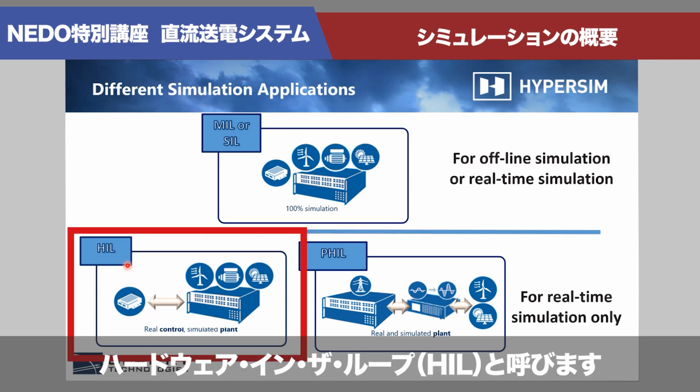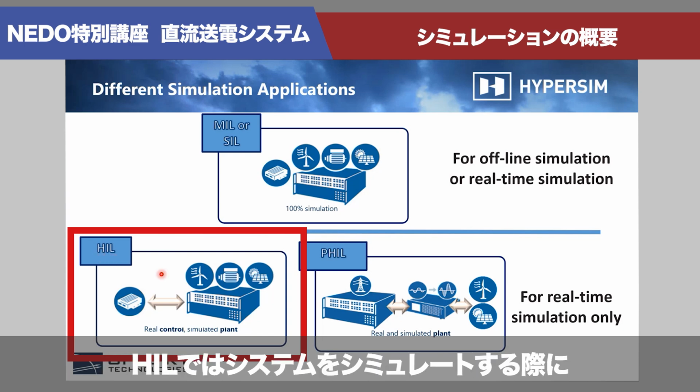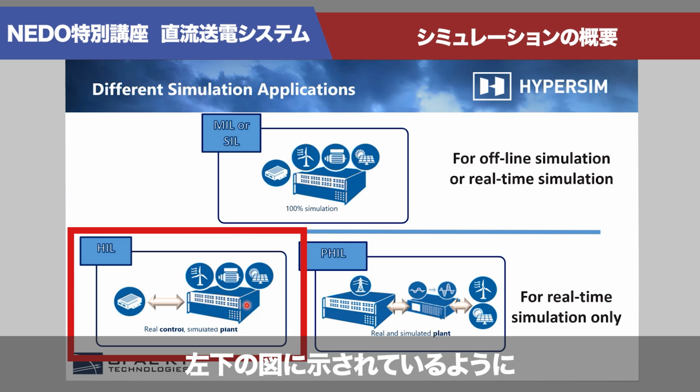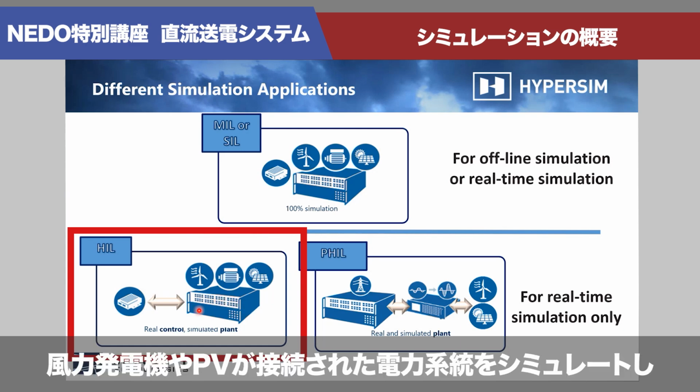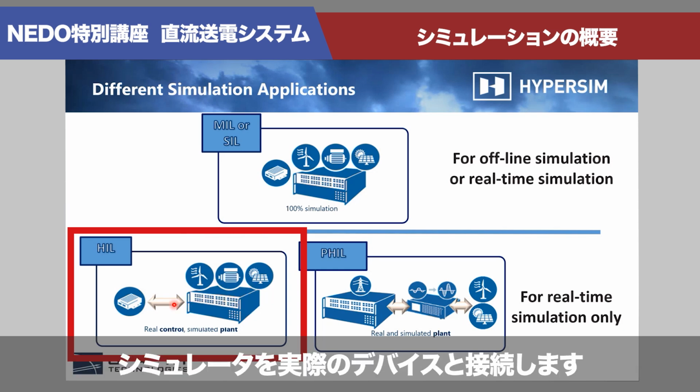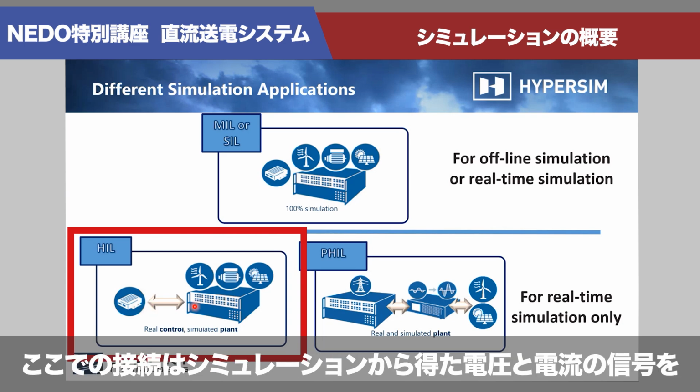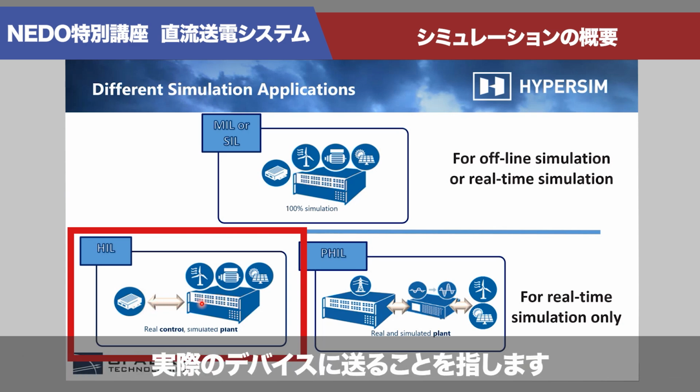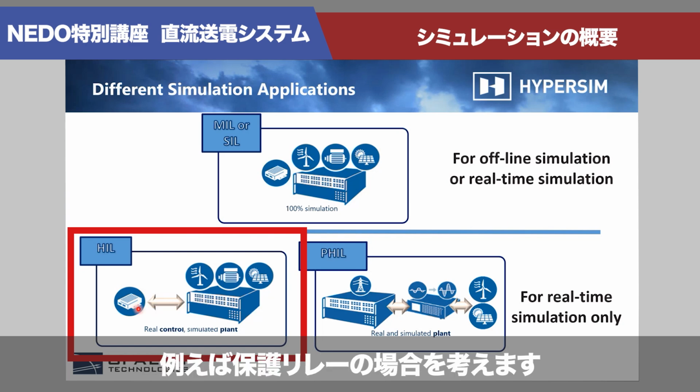Real-time simulation is what we call hardware in the loop, HIL. When you simulate a system, as in this small picture on the bottom left, you could simulate a power grid with a wind turbine or PVs, and then you connect to your simulator a real device. The connection refers to voltage and current signals that you take from the simulation and send to the device. Let's say it's a protection relay.